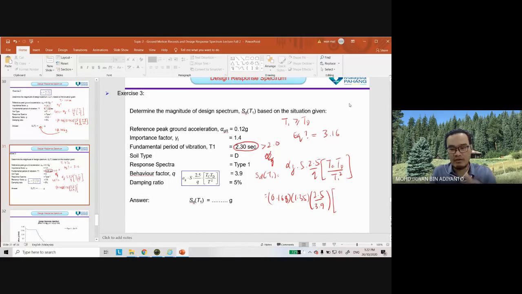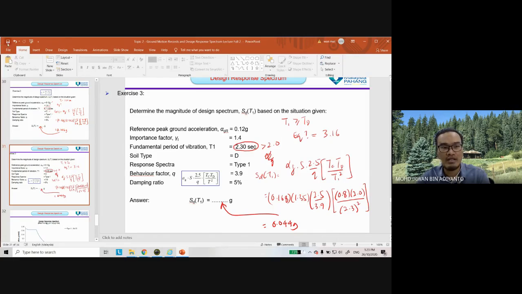What is the value of TC? 0.8, times 2.0, divided by 2.3 to the power of 2. What is the answer? 0.044. 0.044 G. So this is the answer.